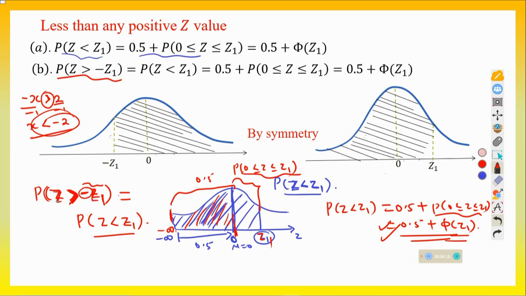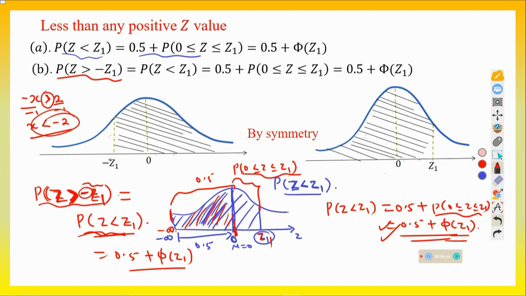If you have such an expression where p of z is greater than negative z1, you simply change the sign of the inequality. So this is equal to the probability of z less than z1. And as we have seen, if it is less than, it becomes 0.5 plus the table reading of z1. So how does that one work?